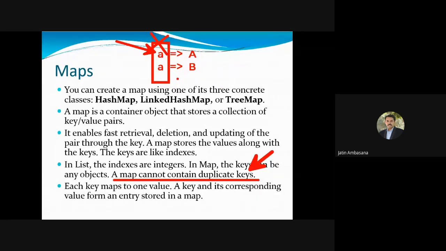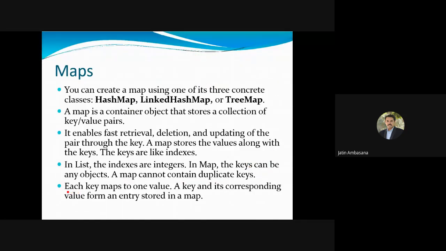Values can be duplicated. So now you might say I have another key B which returns the value A. So this thing is not allowed, but this thing is allowed. Understand?